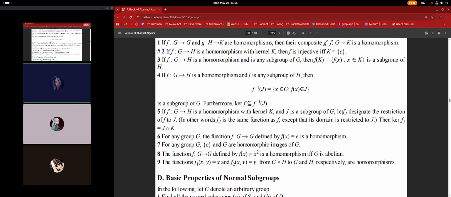So if G is abelian and you have an F like that, it's going to be a homomorphism.